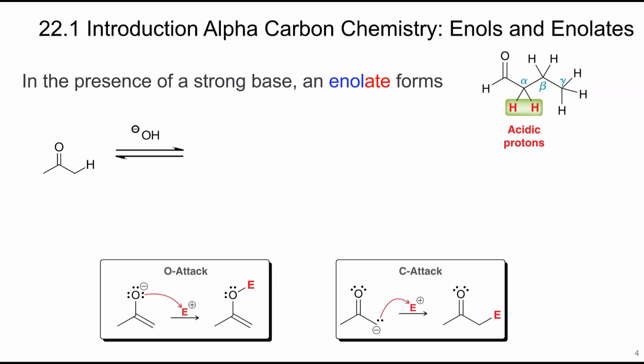If you have a strong base present, the enolate can form. We have a proton transfer, and those electrons can go onto the carbon. And this is resonance stabilized.